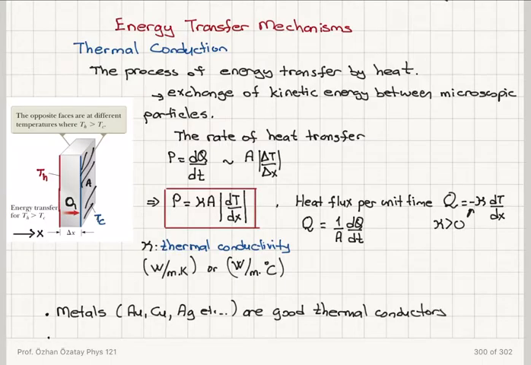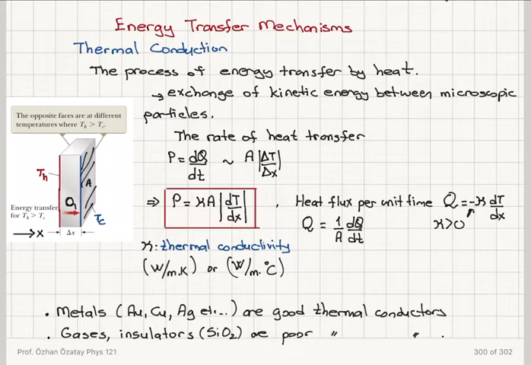And on the other hand, gases in general, insulators such as silicon dioxide, for example, glass, are poor thermal conductors.